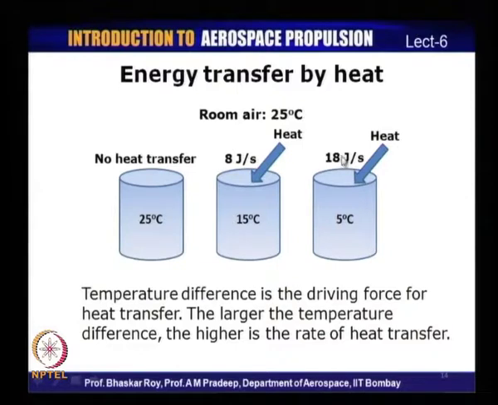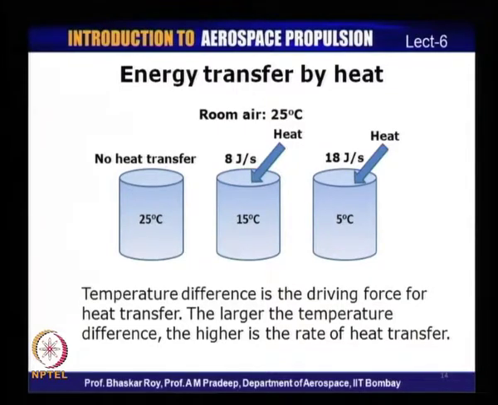Well, these are just examples, but the point I wanted to state here is that heat is recognized as an energy interaction by virtue of temperature difference, which is the driving force for heat transfer. This means that the larger the temperature difference between a system and its surroundings, the higher is the heat transfer.